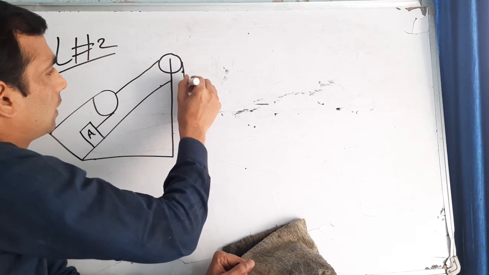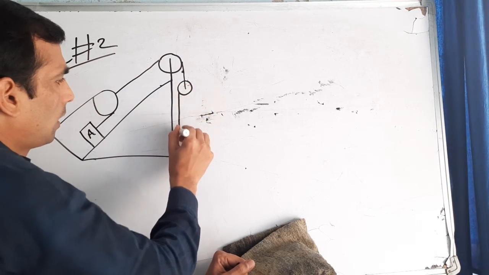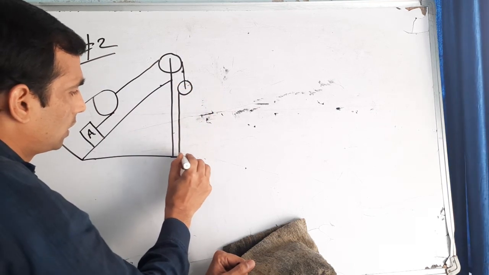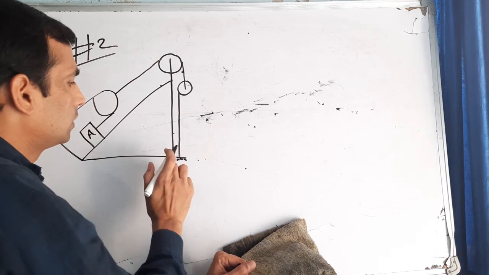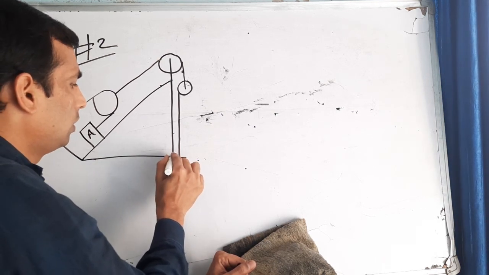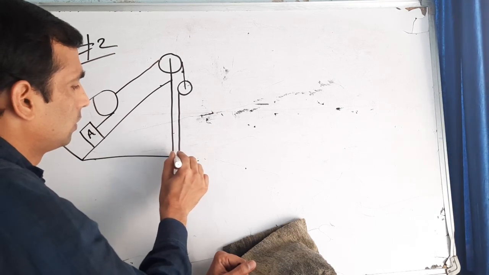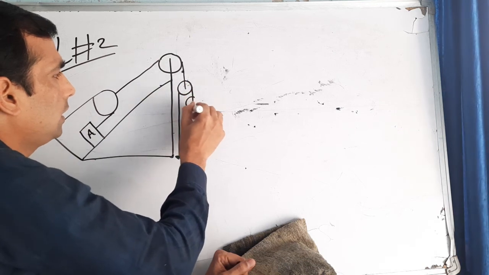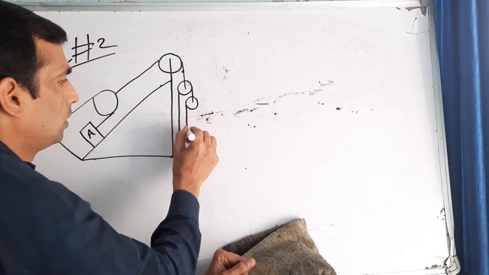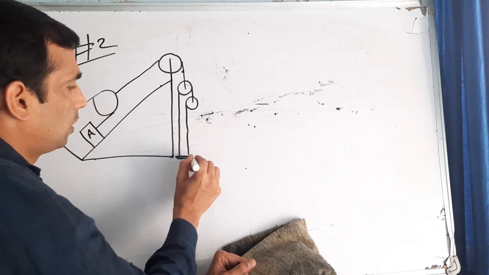And this is again connected through another pulley, and this is connected through the ground. This is connected through the ground, okay, and this is again connected through another pulley, and this is connected through the ground.